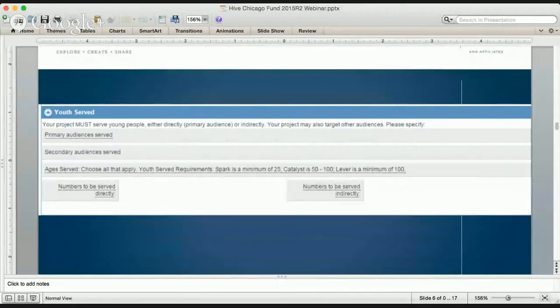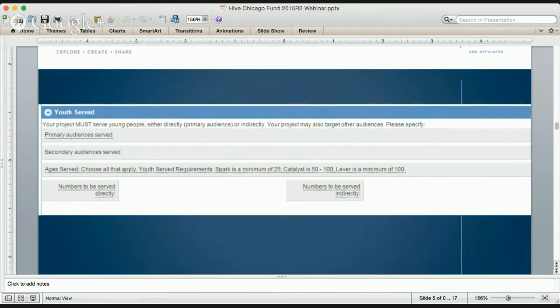Teens, educators could be your primary audience, and say you're doing the Smart Grid Challenge, your secondary audience served from the project could be adults. So who is the secondary audience that might also be served by this project? That's just a new feature, or new question, in this application.